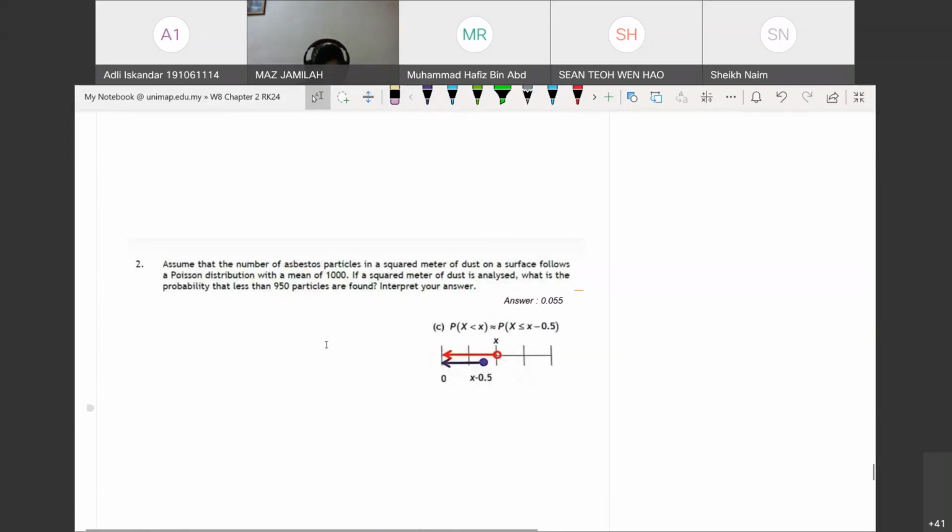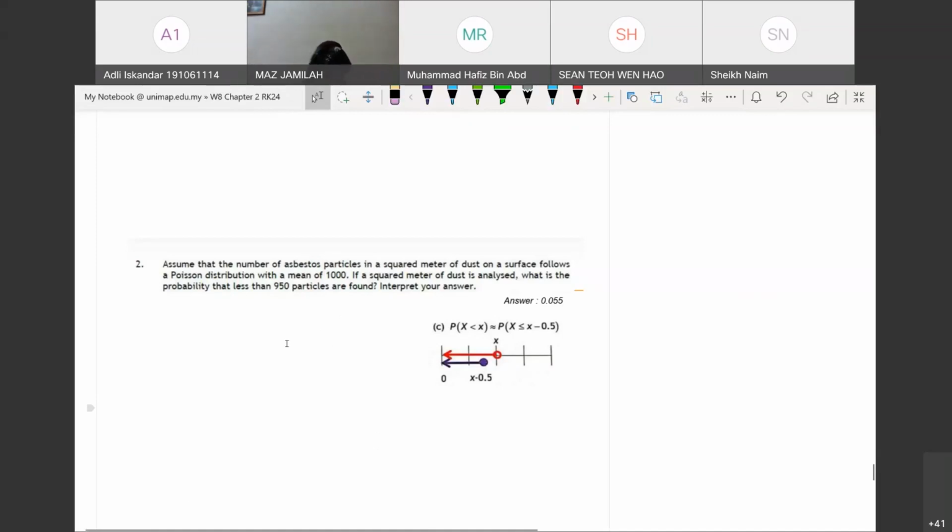Now, assume that the number of asbestos particles in a square meter of dust on the surface follows a Poisson distribution with a mean of 1000. If a square meter of dust is analyzed, what is the probability that less than 950 particles are found?